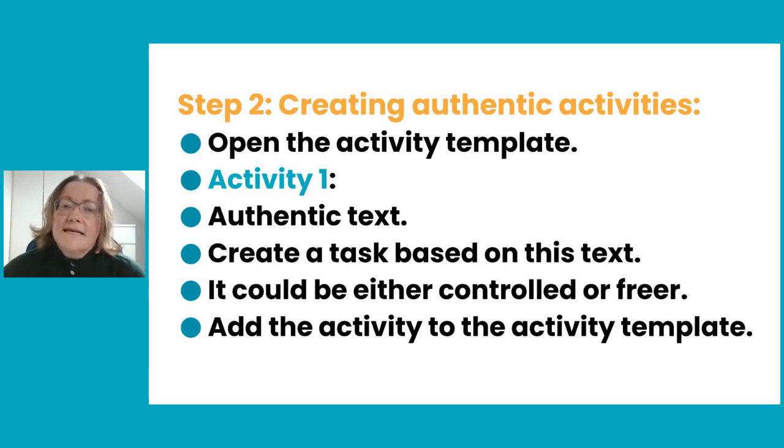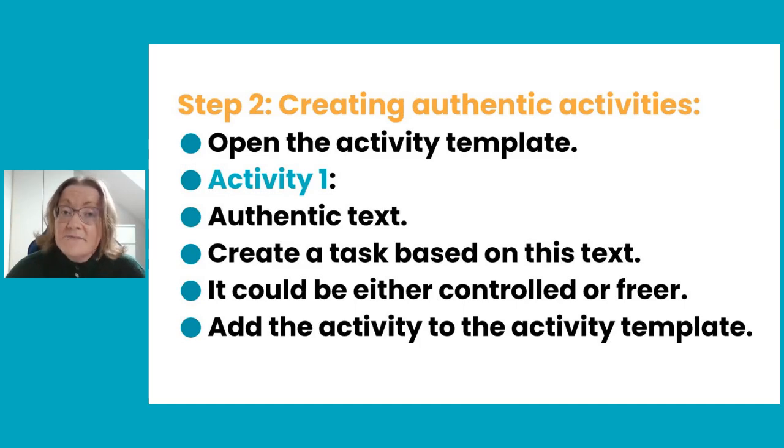So step 2 is all about creating authentic activities. The first thing you're going to do is download your activities template. Now, this step is based on what we call authentic texts. In case you are not familiar with the term, an authentic text is a text that has been written especially for speakers of English, native level speakers, proficient speakers.